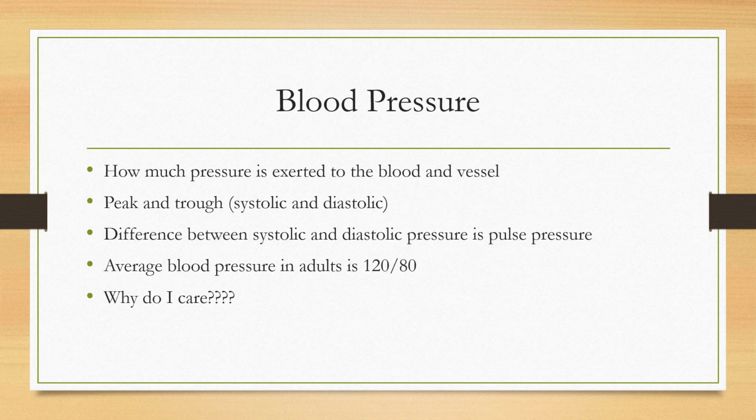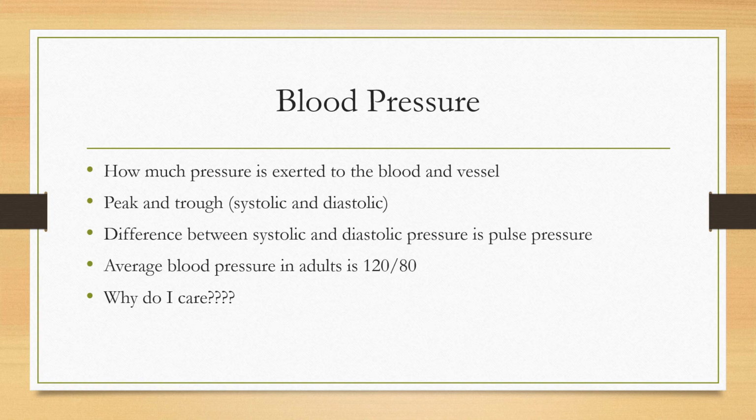Okay, so let's talk about blood pressure. How much pressure is exerted on the walls of the vessels and the blood itself. So it has a peak and trough, that's systolic and diastolic. The difference between the two is the pulse pressure. Average is 120/80. And then I always like to bring it back to you guys, like, why do we really care?